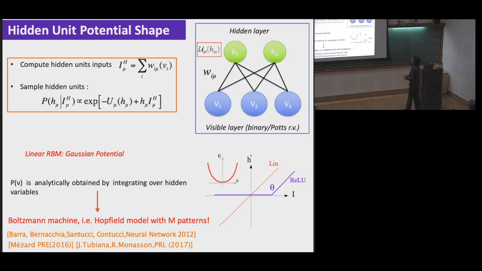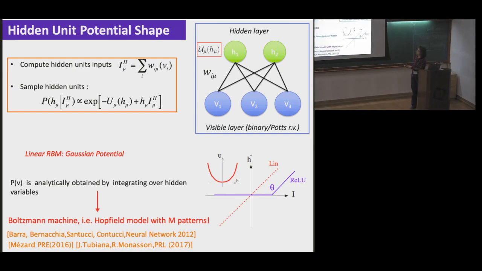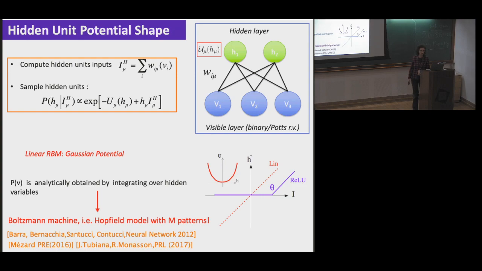The patterns in this case are the minima of the energy, or the maxima of the probability distribution I've sketched before. So a linear RBM is just a network in which every visible unit is interconnected, and in which the coupling parameters of the interconnections are described by a low rank matrix.